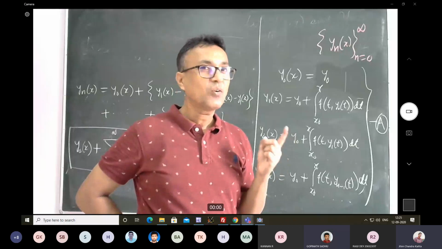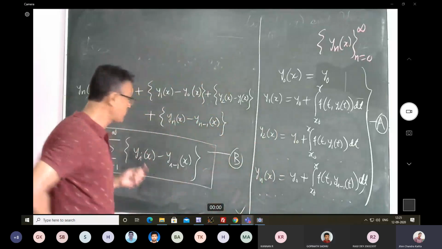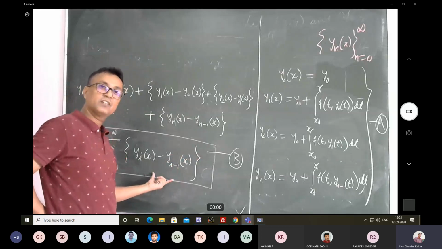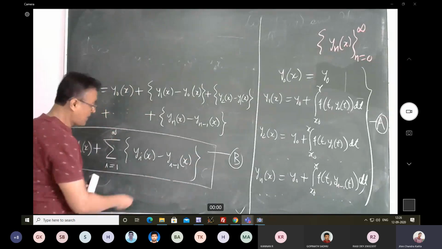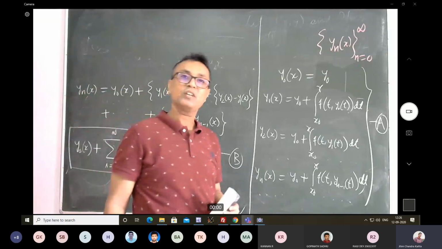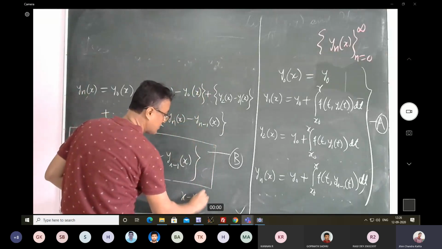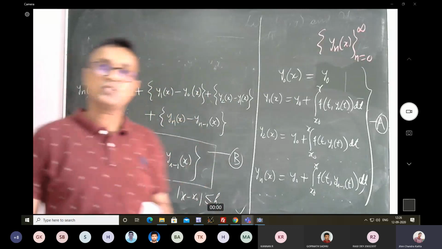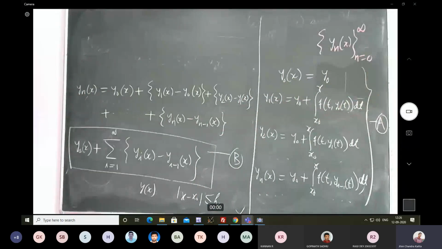So what we are going to do here is prove that this infinite series converges to some function y(x) belonging to the interval S. That is what we are going to do.